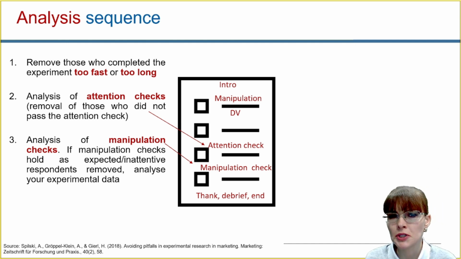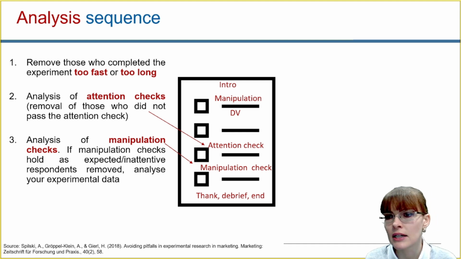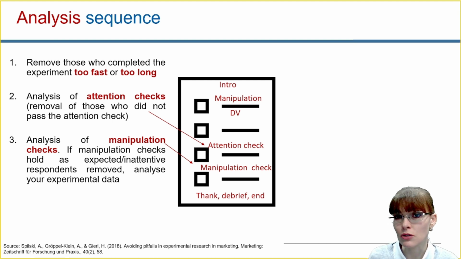Timing is especially critical for some of my experiments because I look at decision making which occurs quickly or in real time. And if participants completed the experiment too fast, they may not have properly engaged with my manipulation or with the follow-up questions.